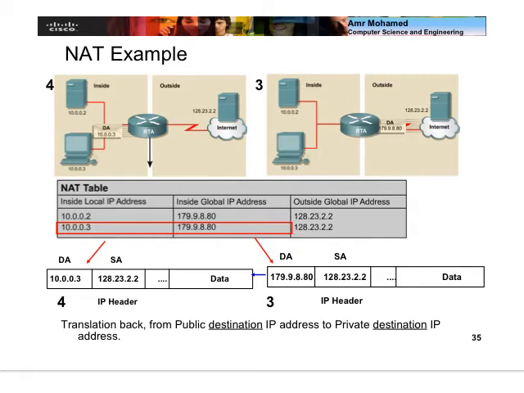So on the way back, you cannot map it to one of these two. You will not be able to distinguish between the two. So the only way for NAT to work is if you have one call at a time, which means that you end up with one address only, or one entry in the NAT table. That's it.